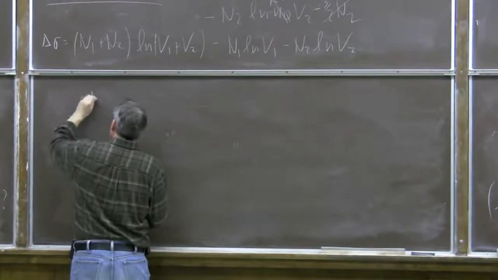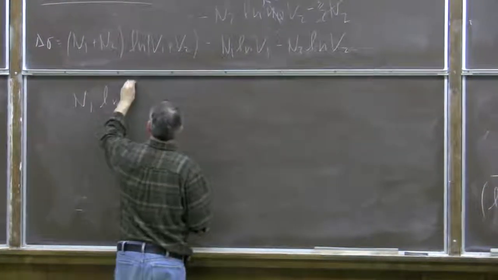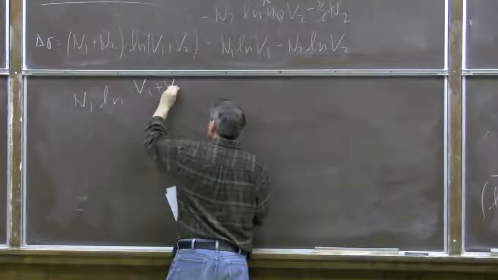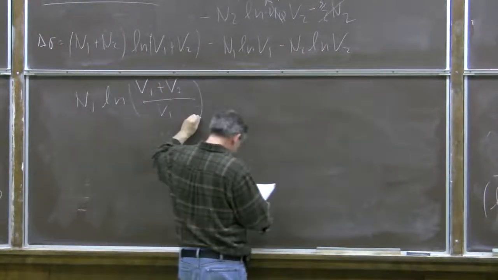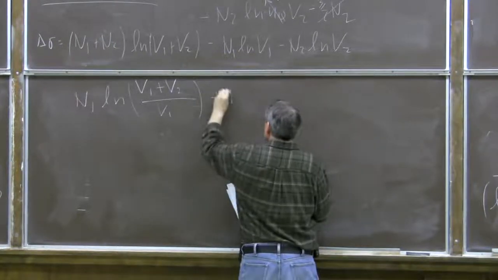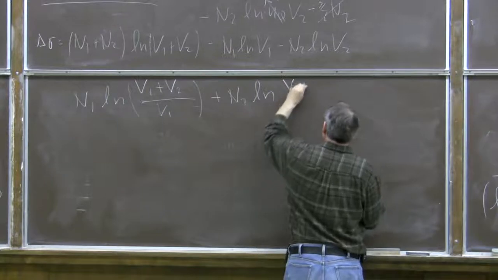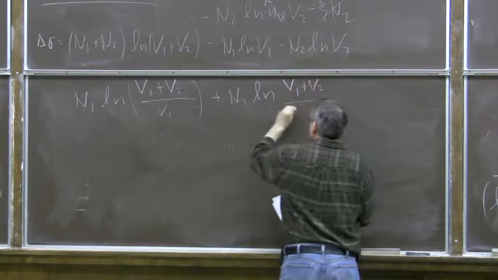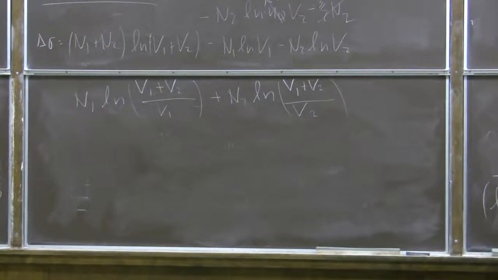Or I can write that as N1 times the log of the ratio of the final total volume divided by the initial volume of box 1 plus N2 times the log of the total volume divided by the volume of box 2. So in particular, just to be concrete, suppose that both boxes are identical.